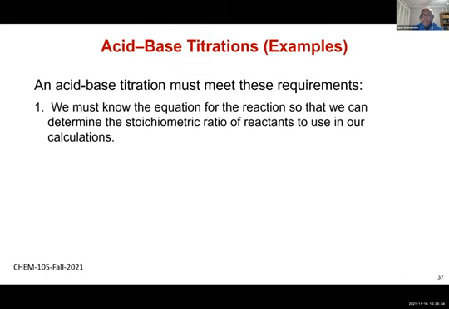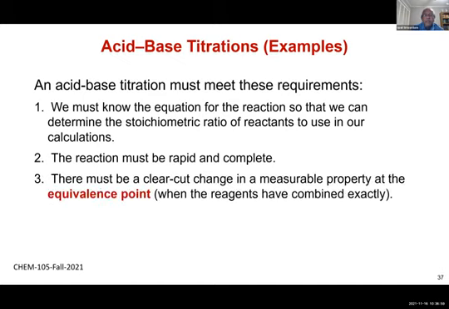If sodium hydroxide and HCl are the acid and base, we have to know the balanced equation. The reaction must be rapid and complete. Normally these solution reactions take place quickly, and therefore rapid and complete is satisfied.